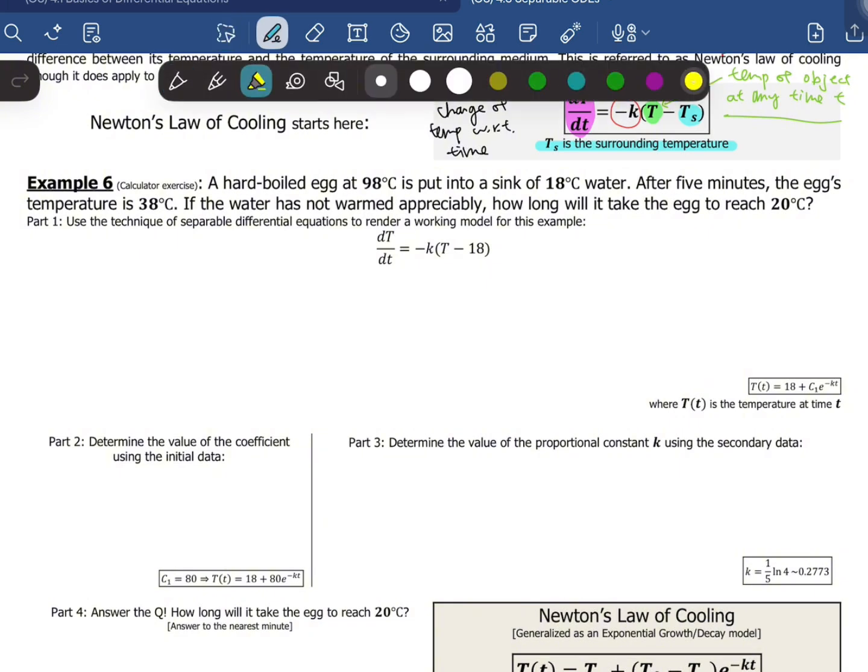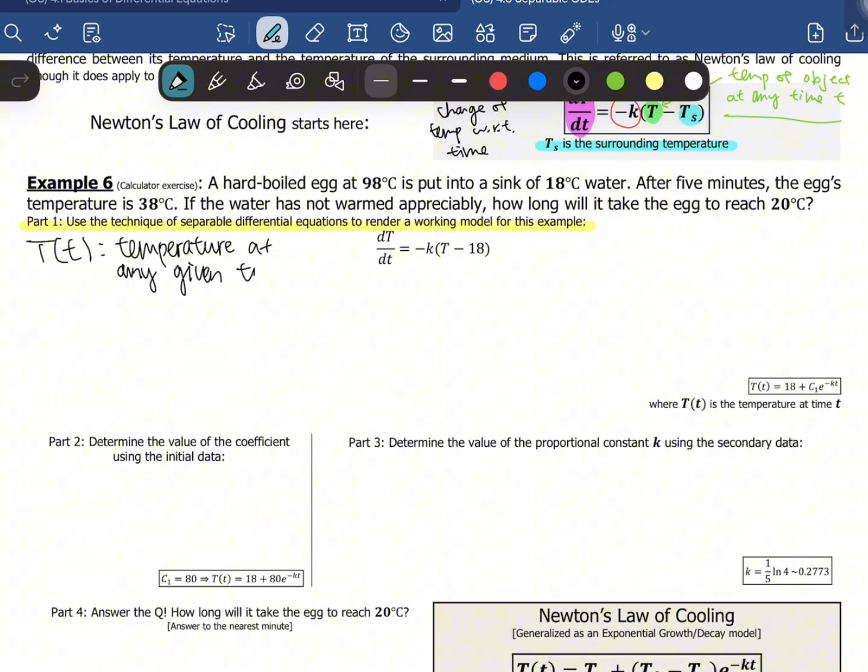Okay, part 1 tells us to use the technique of separable differential equations to render a working model for this example. It wants us to find capital T of t, and this represents the temperature at any given time t.